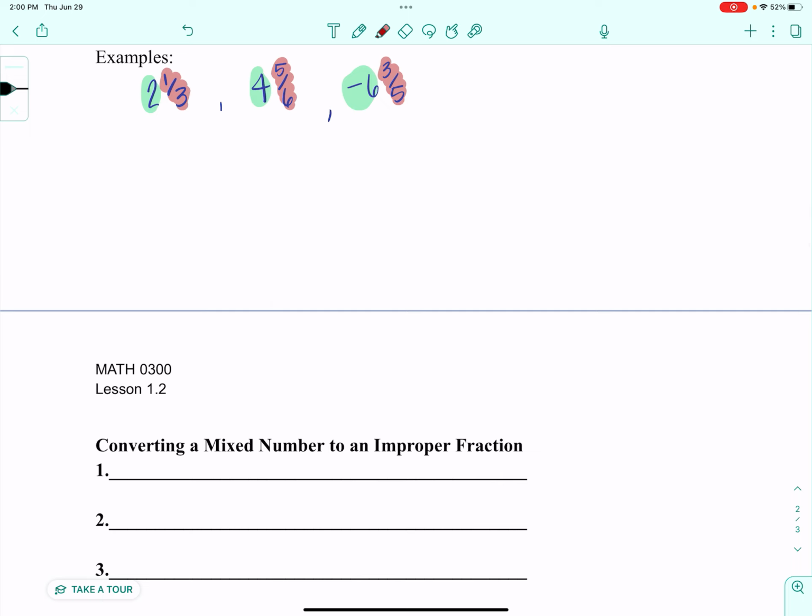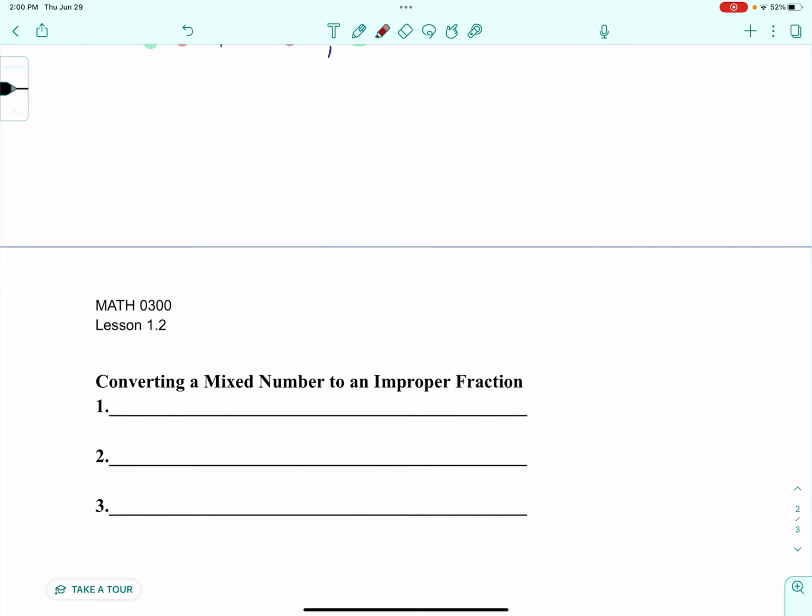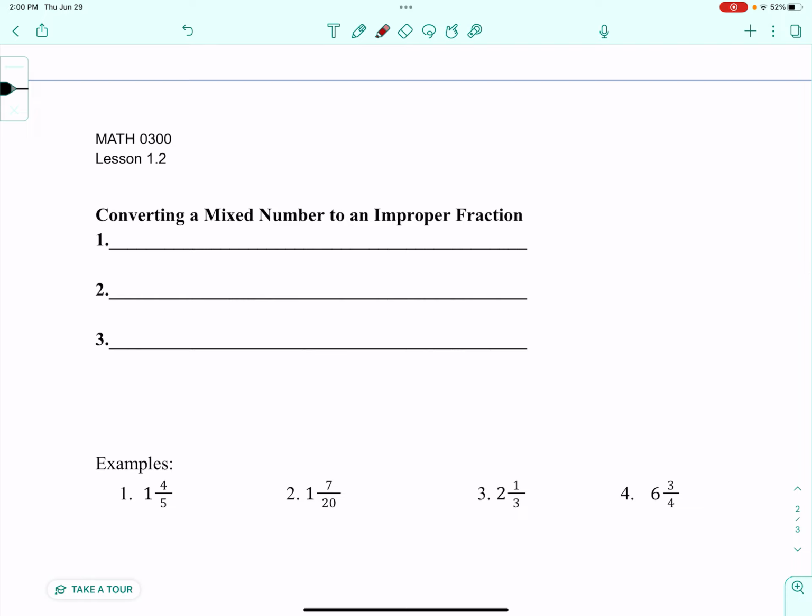Now, you might be thinking, okay, Ms. Graham, you said that mixed numbers can be the result of simplifying an improper fraction. How do I take one of these things and turn it back into that improper fraction? Well, I am incredibly glad you asked, because here we go.